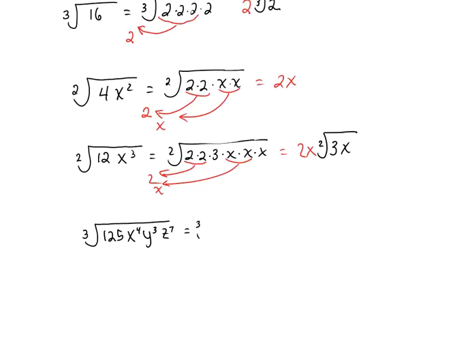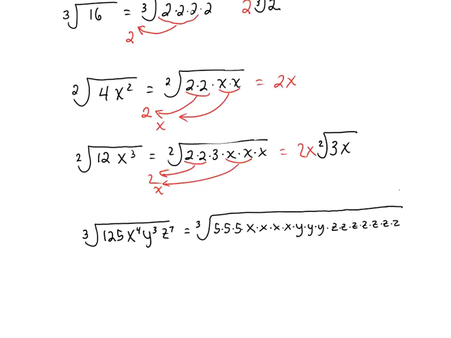Okay, so for the heck of it, I'm going to expand this all the way out. 125 is 5 times 5 times 5. X to the 4th, x times x times x times x. Y to the 3rd, y times y times y. And I better make this longer. Z to the 7th: 1, 2, 3, 4, 5, 6, 7.